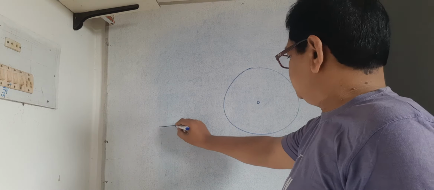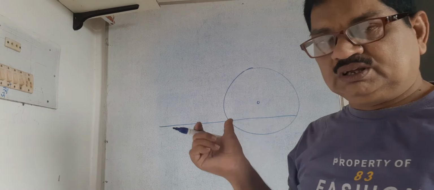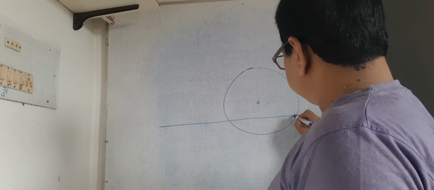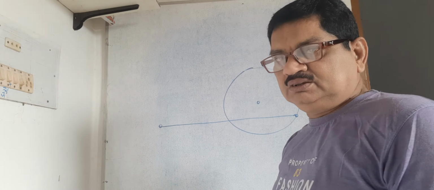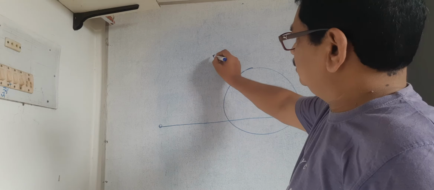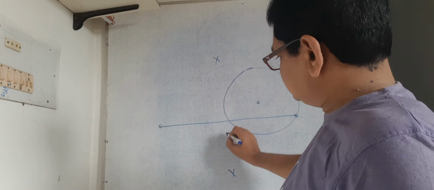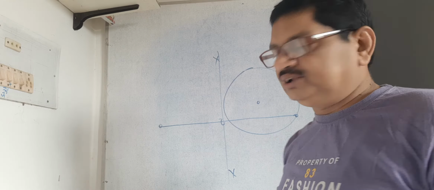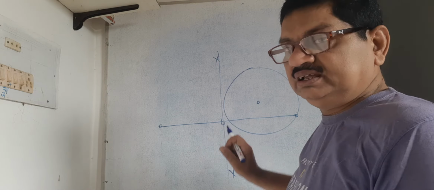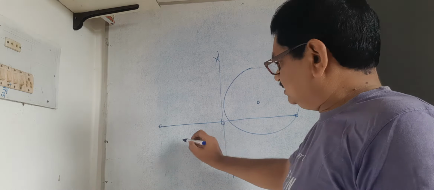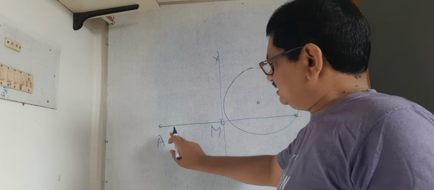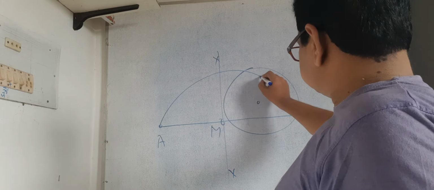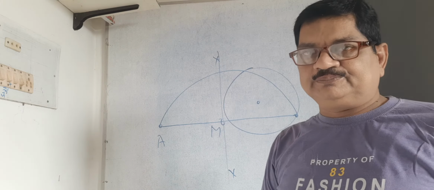So just draw a line like this. This we call secant. So from here to here, you just draw perpendicular bisector to get its midpoint like this, and taking this midpoint as center and this AM as radius, go on constructing a semicircle which comes like this.